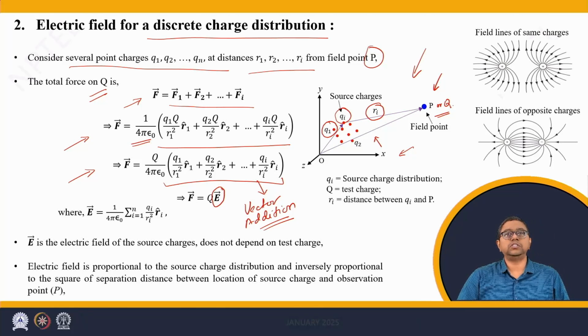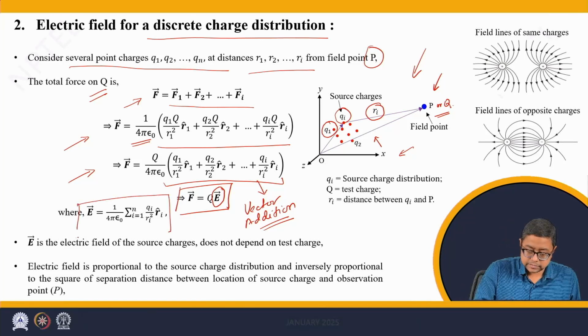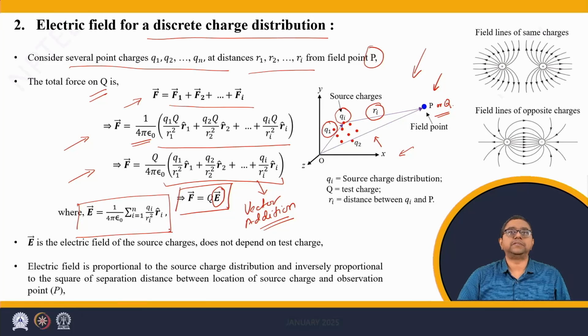Thus, the force is given as capital Q into the electric field, that is F equals QE. Thus, E can be summarized as 1 by 4 pi epsilon summation over all the point charges Qi, where i ranges from 1 to n. Upon performing the vector addition, we will get the resultant direction of the electric field E vector.